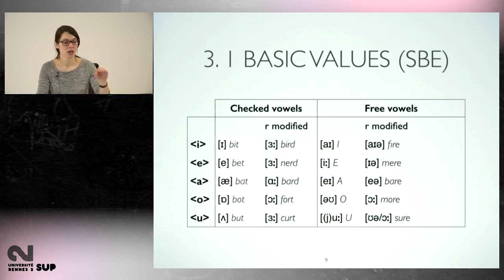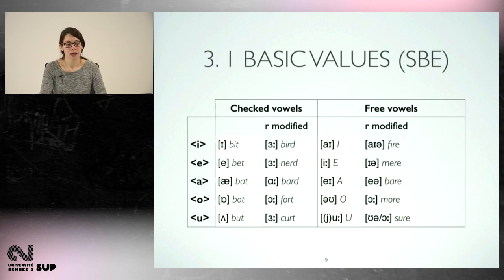So again, you can see that U is a bit special actually. It has two possible free modified values. And that's because originally the free value was supposed to be ua, which is logical if you have a look at the rest of the vowels, where you can see that for almost all of them, a schwa is added to the original free value.